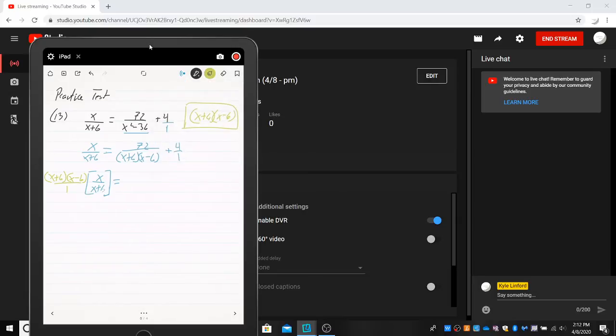I'm going to try to do this color-coded just to make it a little nicer. I like color coding these problems especially and showing all of my work because it's very easy, as you'll see, that we can make a small error somewhere. So by writing everything out, it makes my work a little bit easier to deal with.